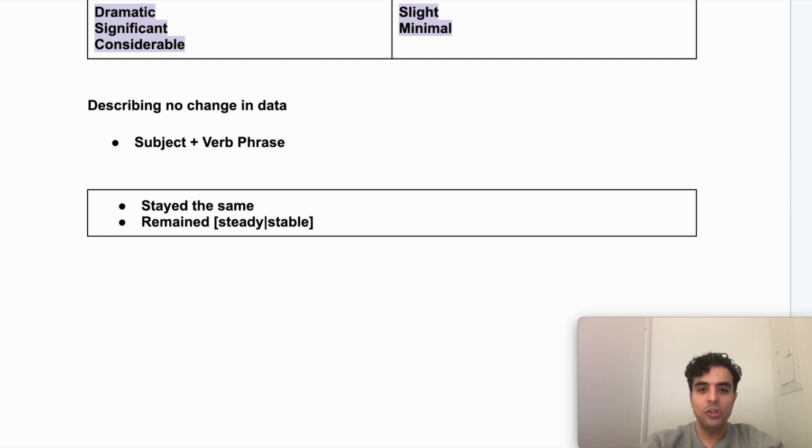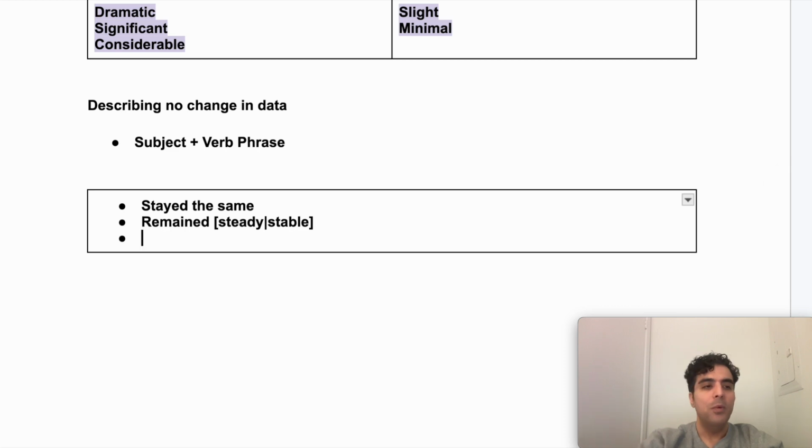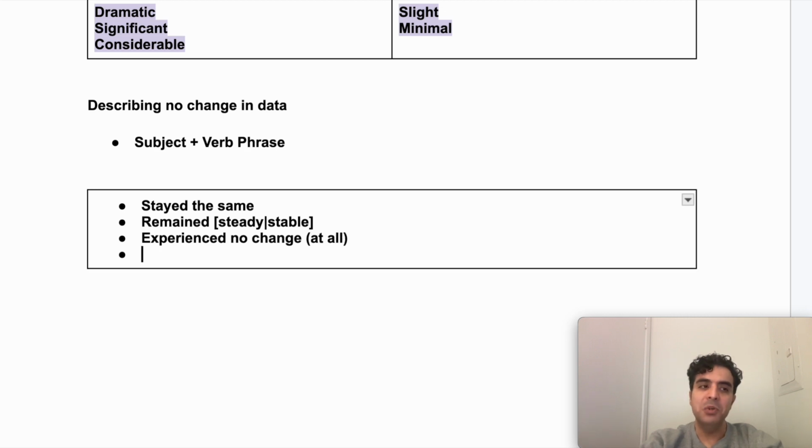Same structure and just different verb phrase that we're using. Or if you even want to create more variety, you could say the number of students experienced no change at all. That's for emphasis if you want to add the at all. Or very simply, you could say the number of students did not change.